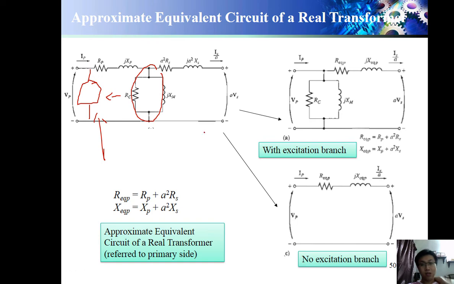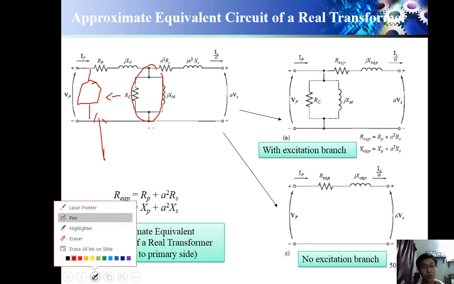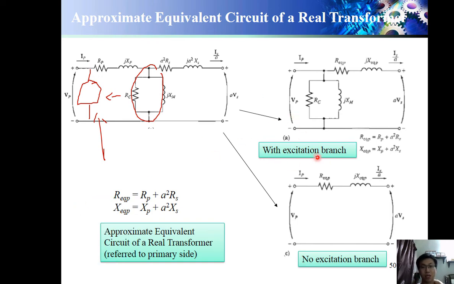So it has two versions, one with the excitation branch, one without the excitation branch. If I move this one, I can add up RP with A square RS, becoming my R equivalent. I can add up XP and A square XS, becoming X equivalent like this.